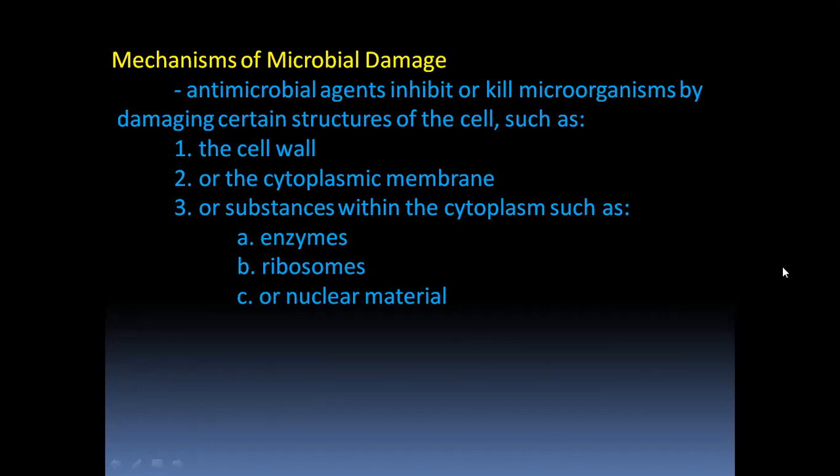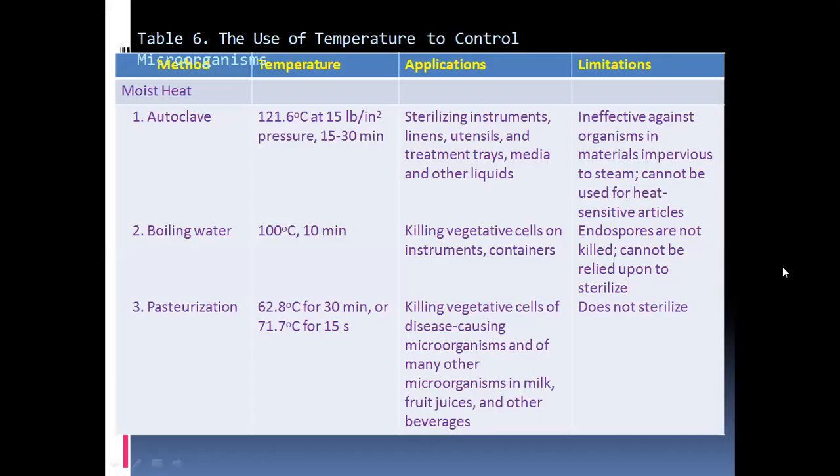Antimicrobial agent can damage the cytoplasmic membrane or substances within the cytoplasm, such as inhibiting or destroying the enzymes. Antimicrobial agents can affect the ribosomes, or affect the nucleic acid material of a microorganism. These are the ways by which microbial damage happens.